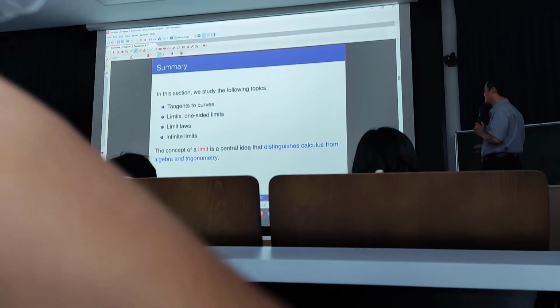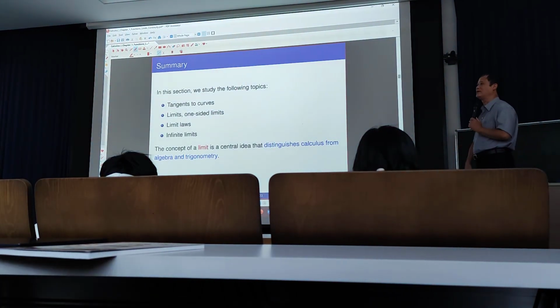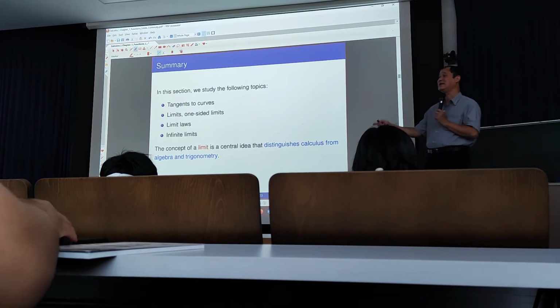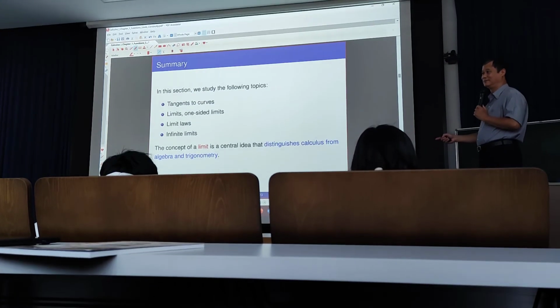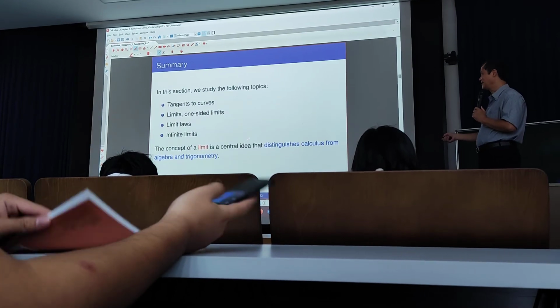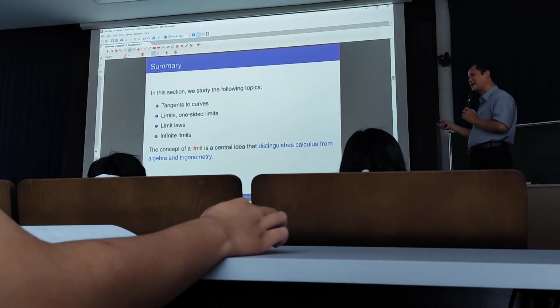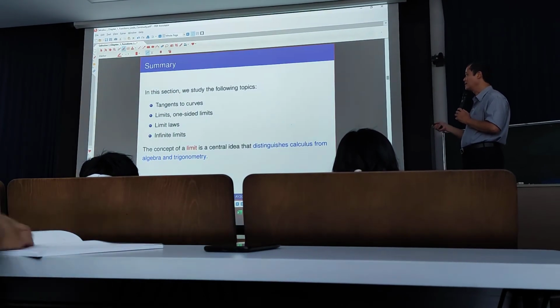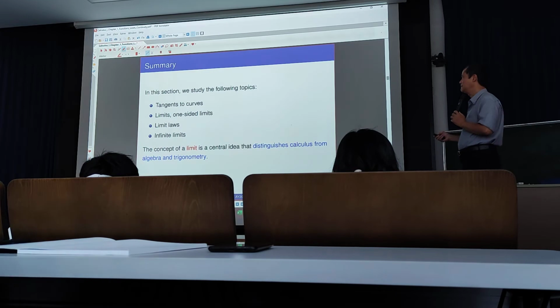Limit is the central idea that makes calculus different from algebra and trigonometry. Only in calculus do you have limit. That's the reason we can say this course is calculus, because we have limit up here.